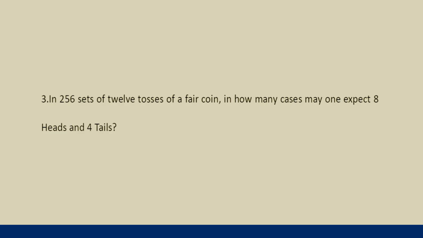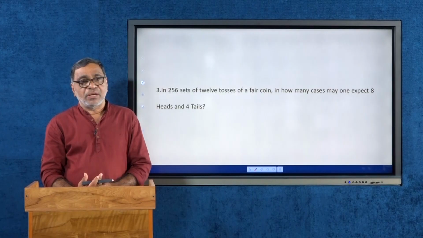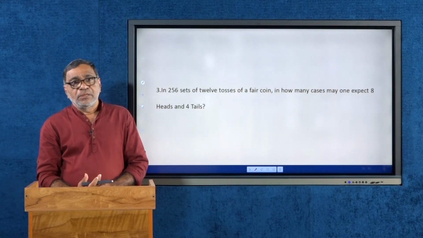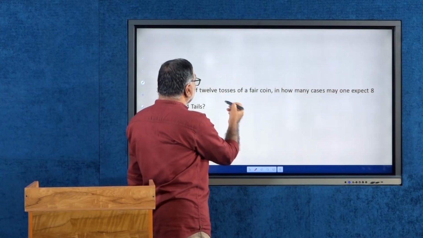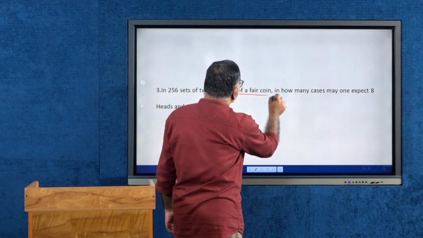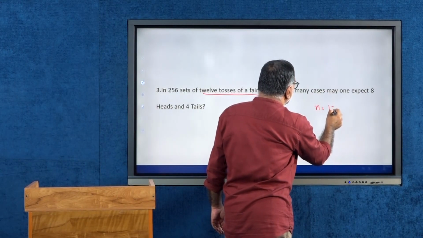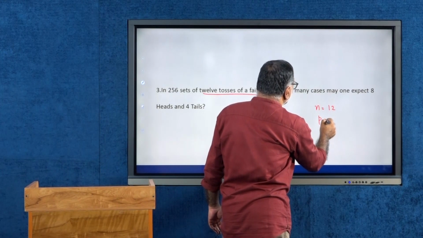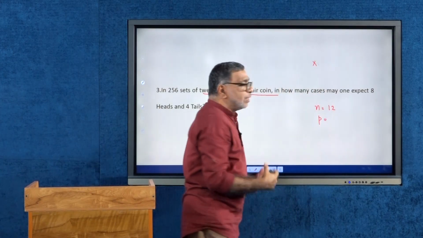Another example regarding the tossing of a coin. Already we discussed the coin tossing experiment several times, and here we are tossing a coin 12 times, so n is equal to 12. First of all you define the random variable.